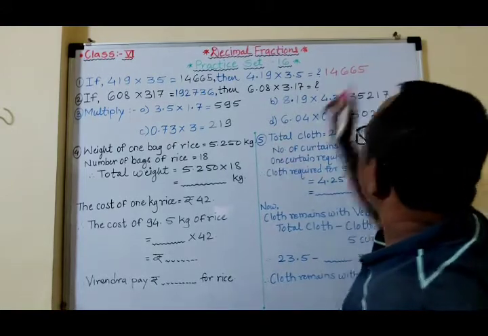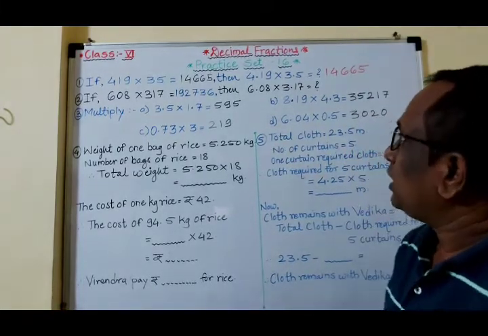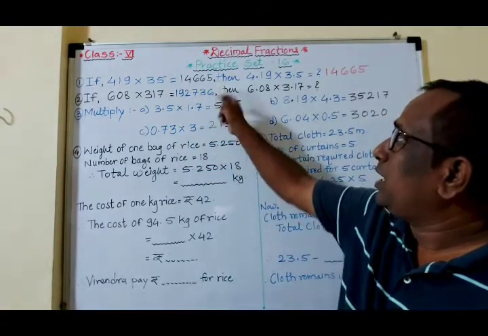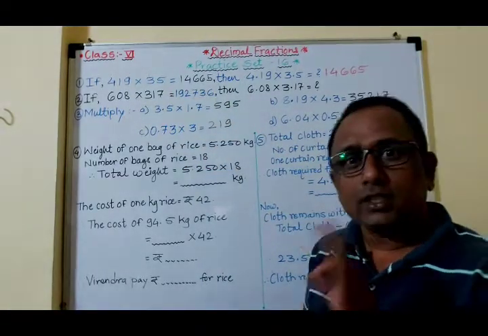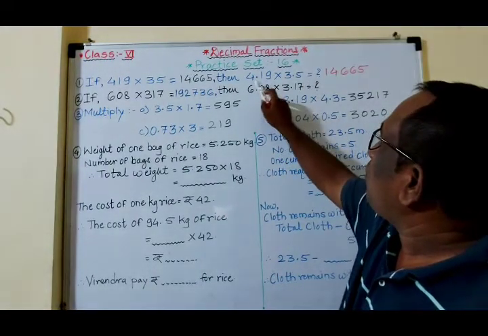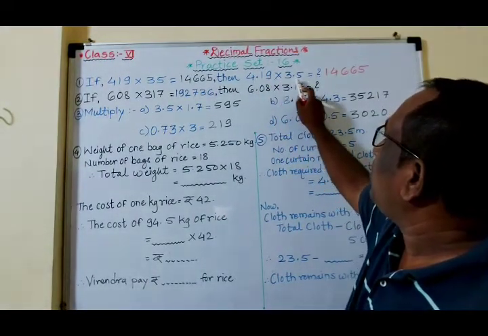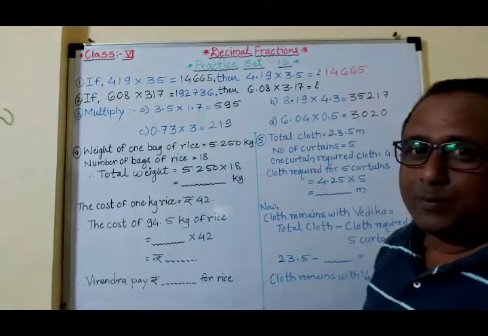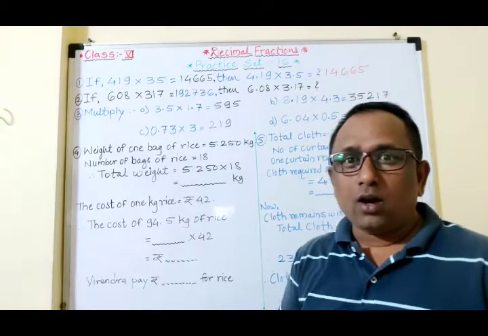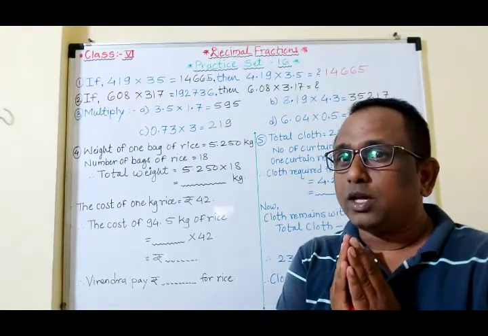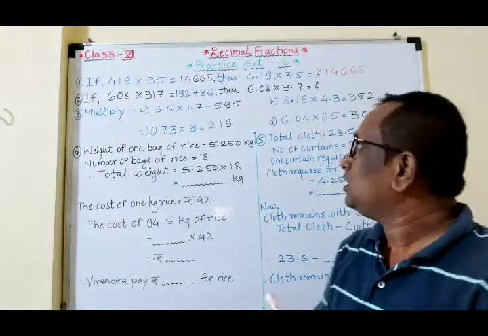If 419 multiplied by 35 is 14,665, then what is the answer of 4.19 multiplied by 3.5? Only the decimal point was added here. So we know the answer; now we only have to place the decimal point in the right place. Very simple thing students.